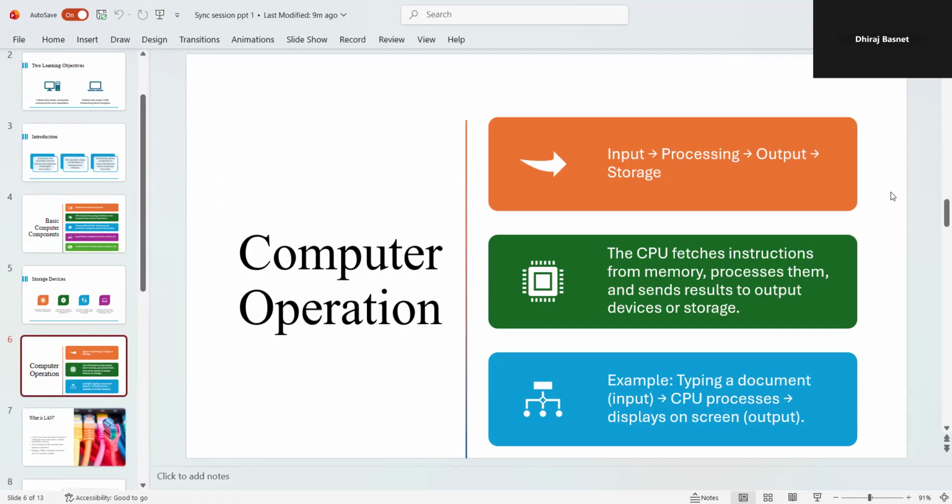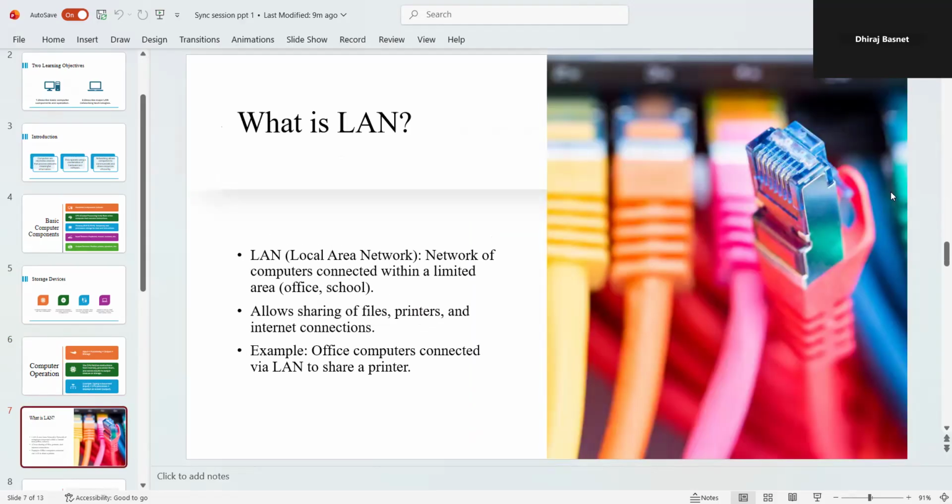Now I'm going to talk about the second learning objective that I have chosen, that is LAN. So what is a LAN? A local area network, or LAN, is a network that connects computers and devices in a limited area like an office, school, or home.